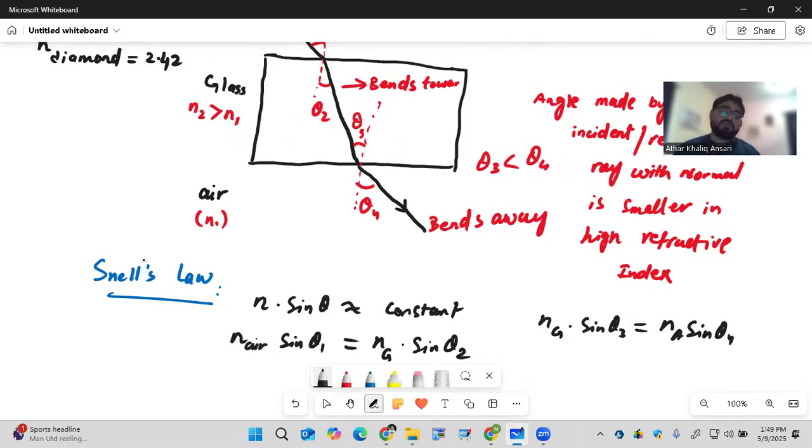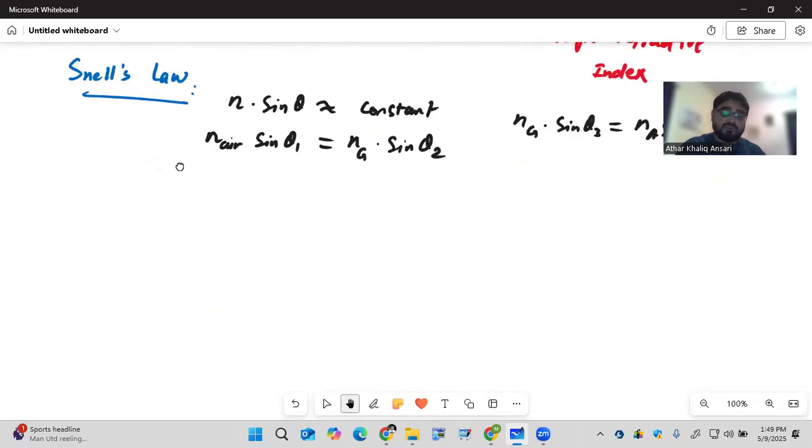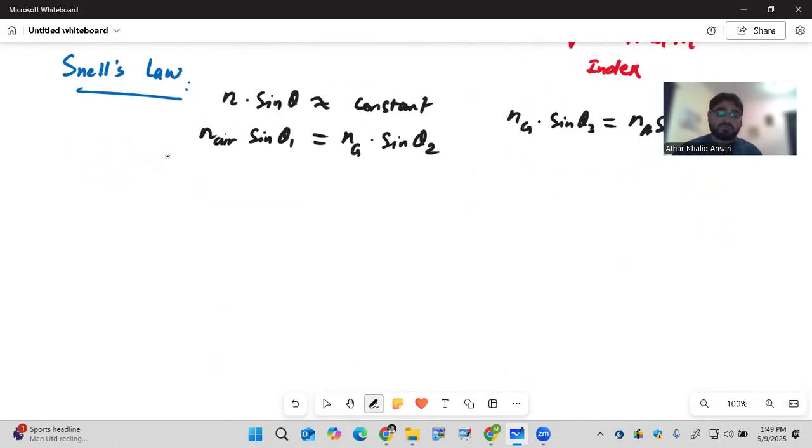Generally, whenever we talk about two different media, we can simply say n1 sine theta 1 is equal to n2 sine theta 2.